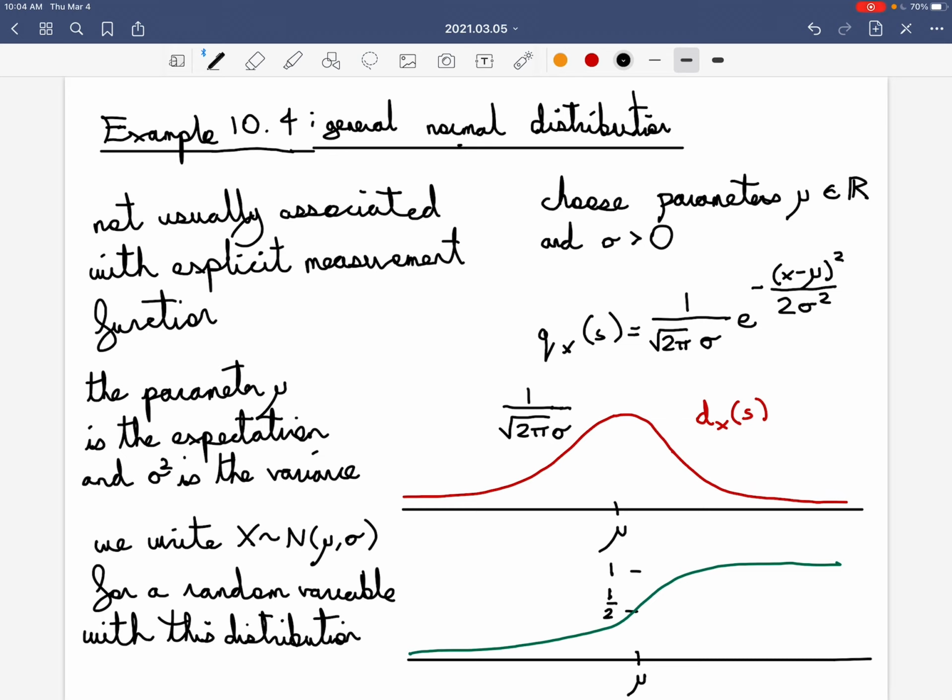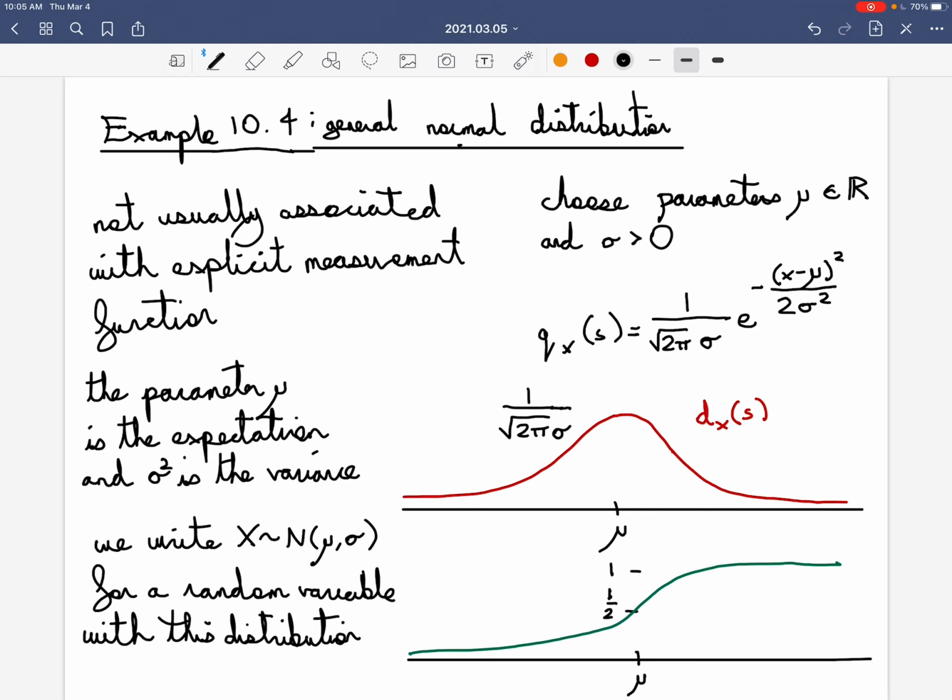I promised you that the standard normal distribution would be important because it comes out of the central limit theorem, and the general normal distribution also plays a very important role in central limit theorem based applications of probability in science. So the general normal distribution gives you more freedom in how you're structuring your bell curve.